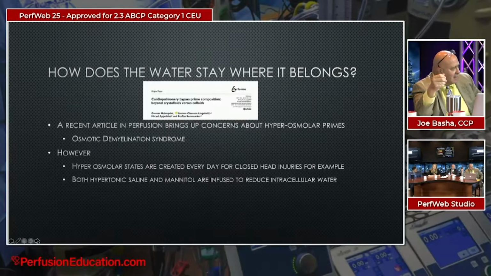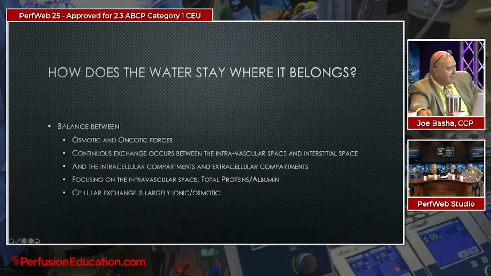So, Joe, can I stop you right there? Yes. You touched on something that was dear to my heart. You said albumin is about 60 or 70% of the total protein. So I just want to point out something.